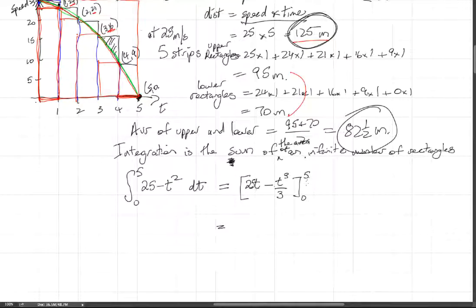The process is to substitute that in the brackets first. So we put the top one in, so that'll be 25 times 5 minus 5 cubed on 3. Always minus, I'll explain this later as well, put the 0 in there. So 25 times 0 minus 0 cubed on 3.